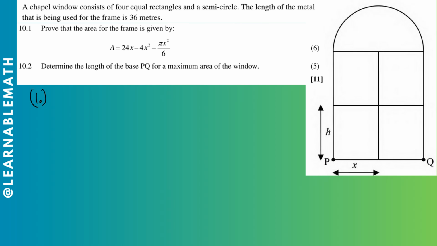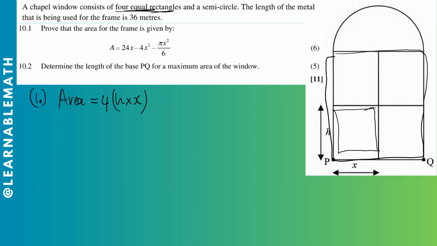Obviously the area of this frame will be the same as the area of the rectangles, right? If we take one small rectangle, the area there will be h times what? Times x, the length times breadth, right? H times x. But if we want to include the entire frame, we were told that there are 4 equal rectangles, so we can simply multiply this by 4. That can give us the area of the entire rectangle.